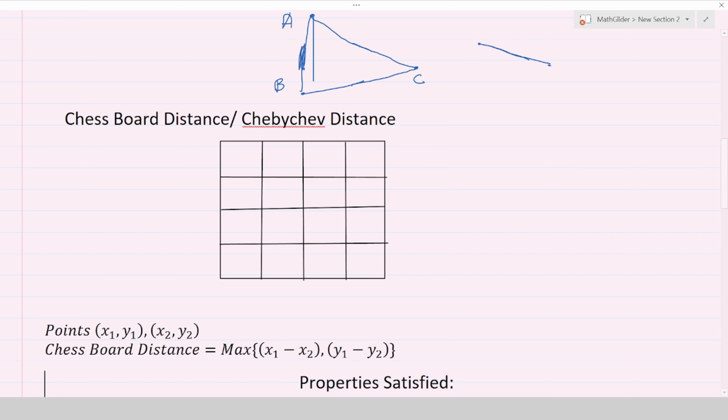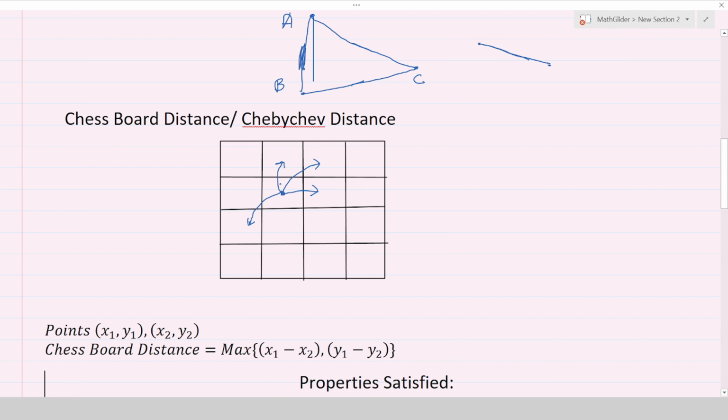If you are at any point here and you want to travel some distance, let's say distance 1, in chessboard you can go 1 here, or 1 here, or 1 here.